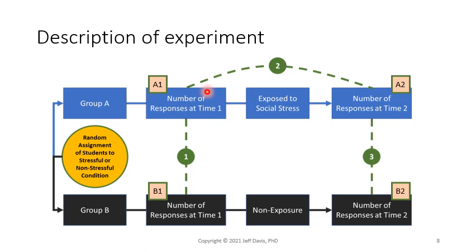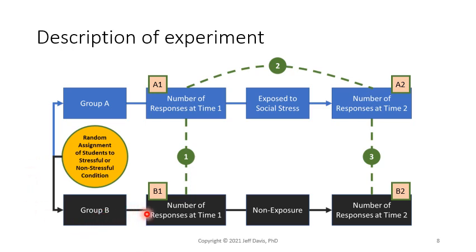Whatever the mean number of responses to questions would be in this group, we should see a very similar number here, because again, we've taken the sample of people and we have randomly assigned them to these conditions.